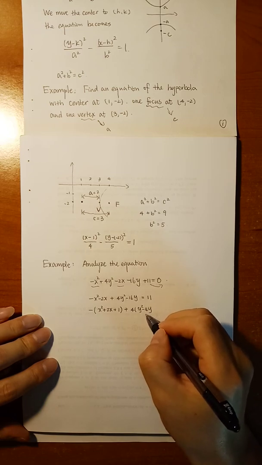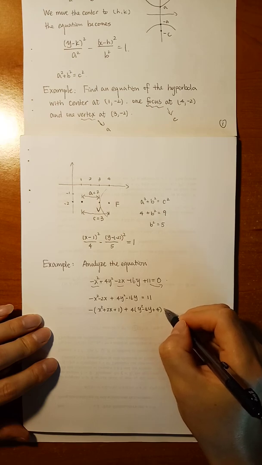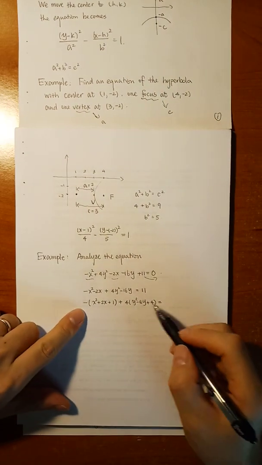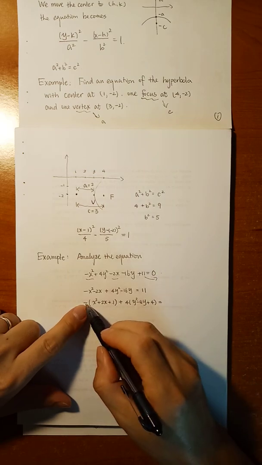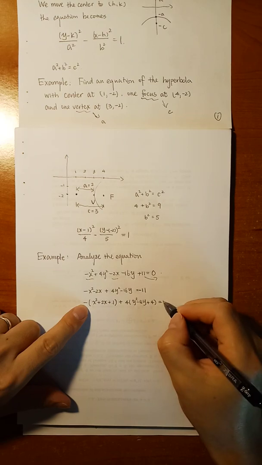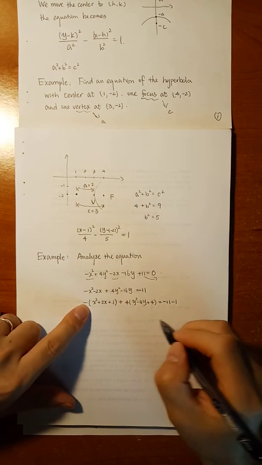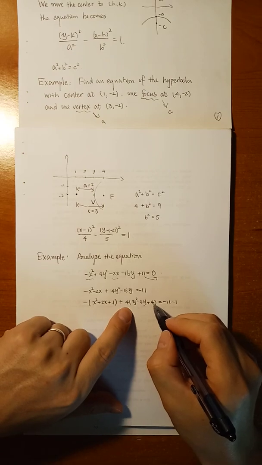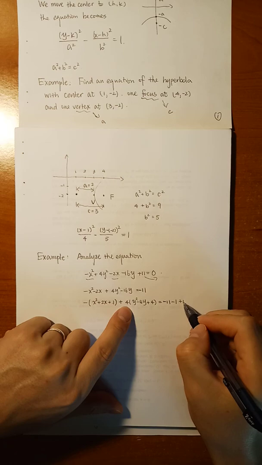You divide 4 by 2, you get 2, then 2 squared is 4. Let's check. You put 1 inside the parentheses with the negative sign outside, so you add negative 1 on the left, so negative 11 on the right. You put 4 inside the parentheses, so 4 times 4 is 16, so you add 16.